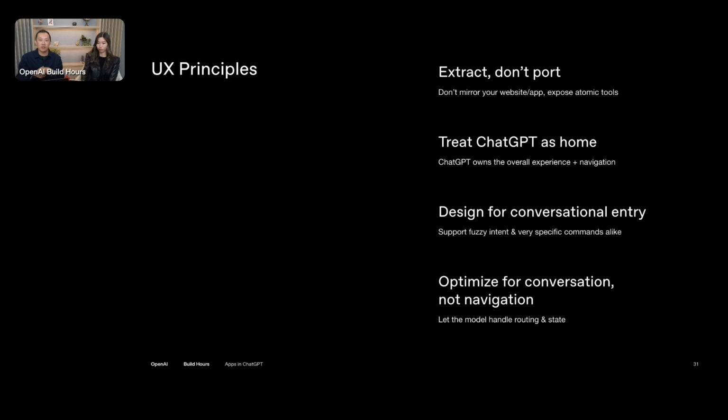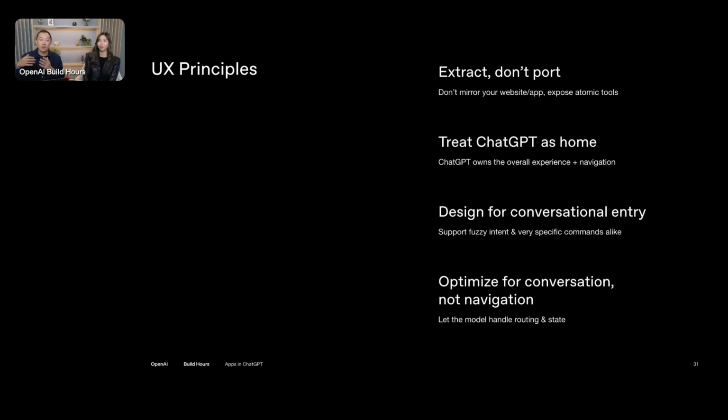So just covering some of those UX principles: extract, don't port. Treat ChatGPT as a home. It owns the overall experience, but you have the ability here to customize it and make an experience that is truly unique. And design for conversational entry. Sometimes the users aren't always going to be as exact as they can be.